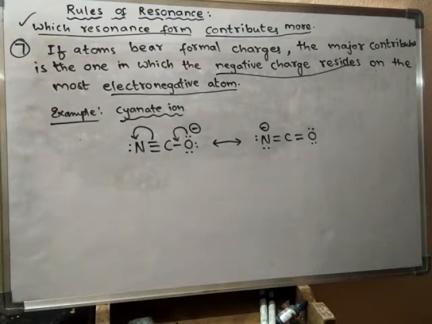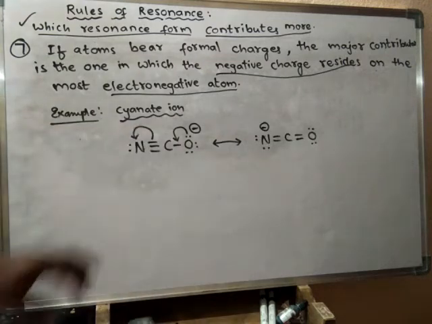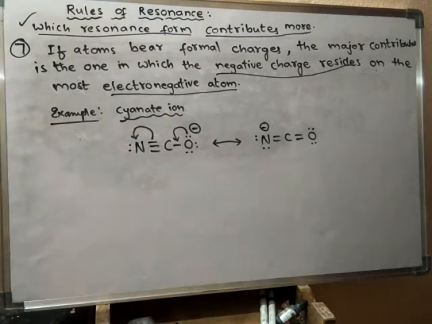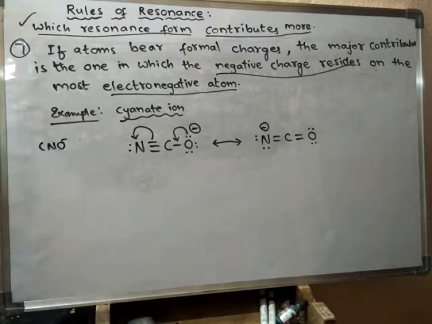If the negative charge is present on the most electronegative atom, then that structure is more stable. For example, take the cyanate ion, whose formula is CNO.